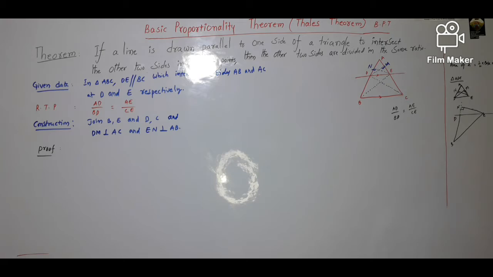Next, another triangle, CED. The base is CE. Here we also extend this. Here the perpendicular height is DM.